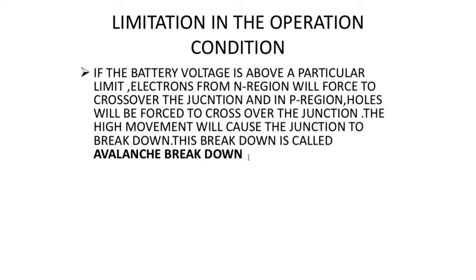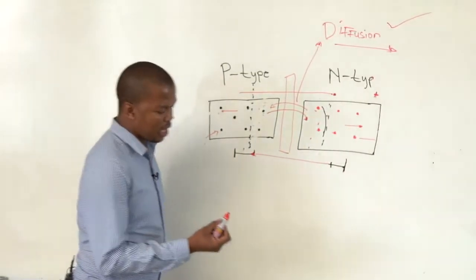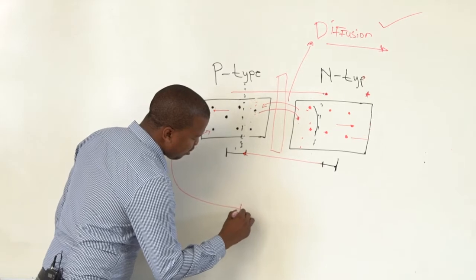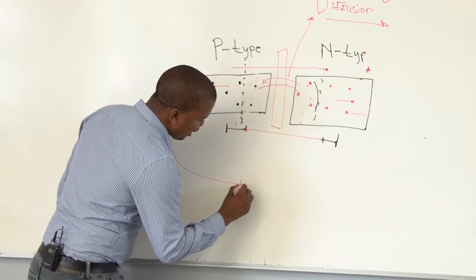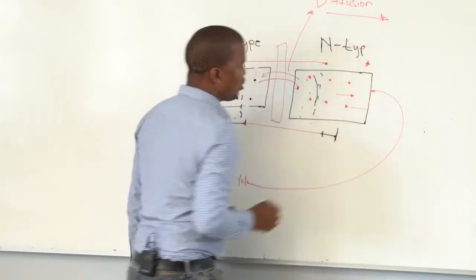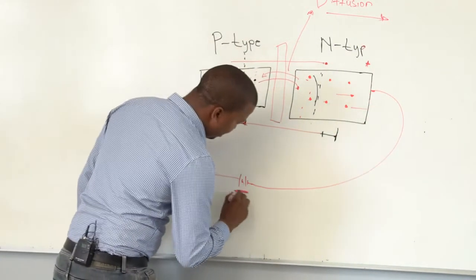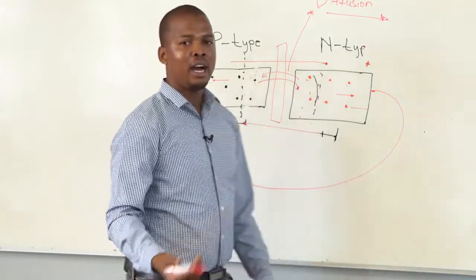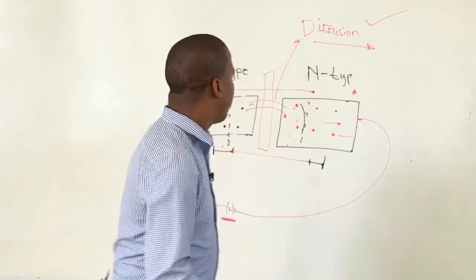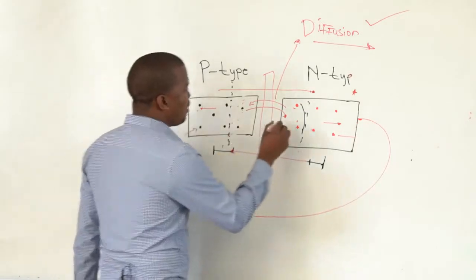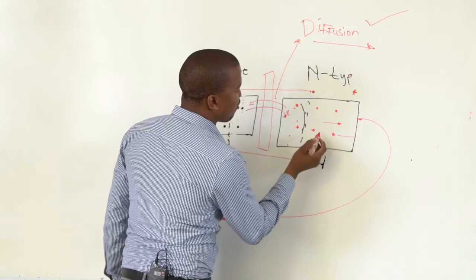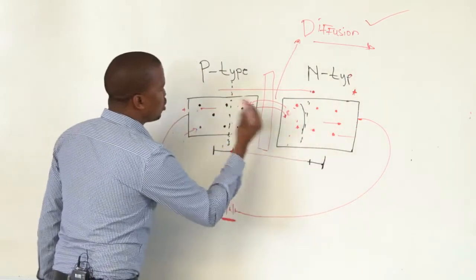Moving from our slides to our board, what they are saying is that if an external voltage is applied and you find that the voltage applied is higher than the expected voltage according to specification, there will be a high volume of electrons forced to move from one side to another.